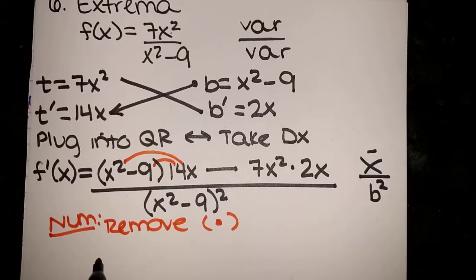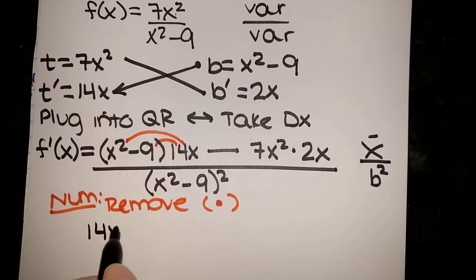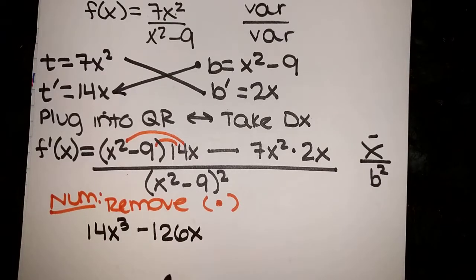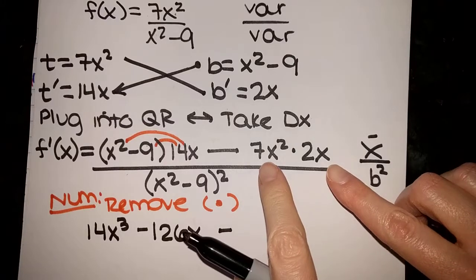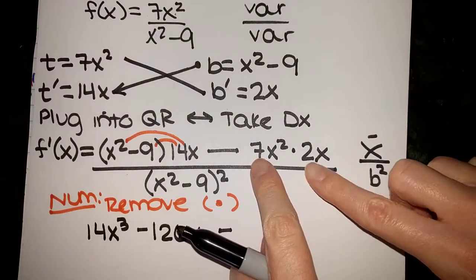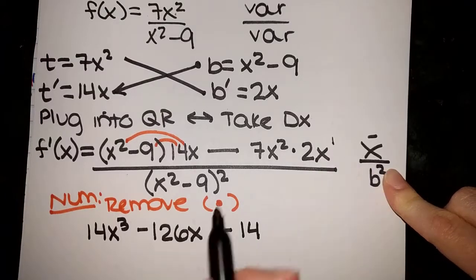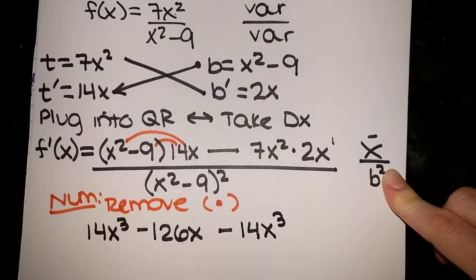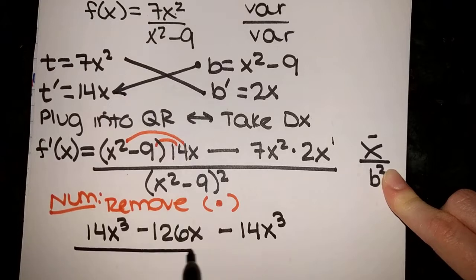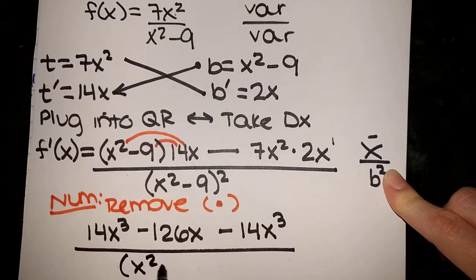And when you do that, you are going to get 14x to the third minus 126x minus, and then over here you have a 7 times 2, so that gives you a 14, and then the x squared, x to the first, those will add together to give you an x cubed. And that is all over x squared minus 9 quantity squared.